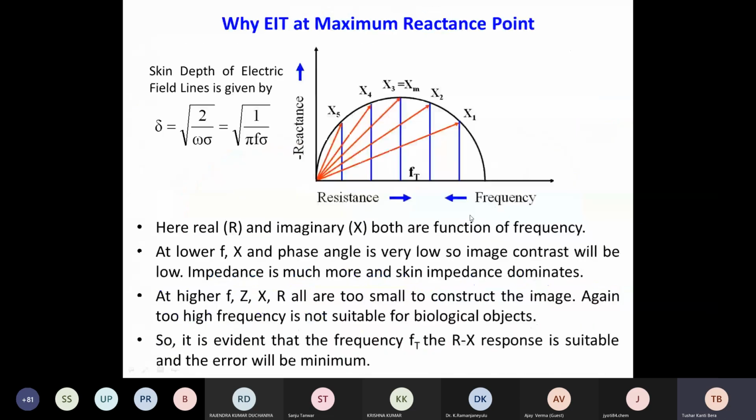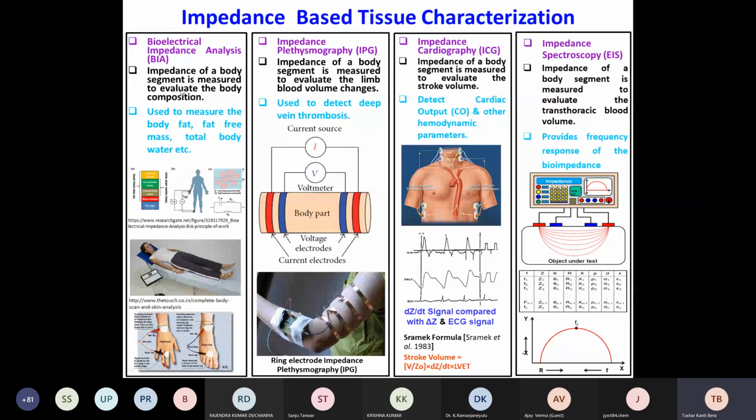Okay, so utilizing the impedance based techniques, we can get several diagnostic tools like bioelectrical impedance analysis, abbreviated BIA, impedance plethysmography IPG, and impedance cardiography ICG, and the impedance spectroscopy as we have already studied.